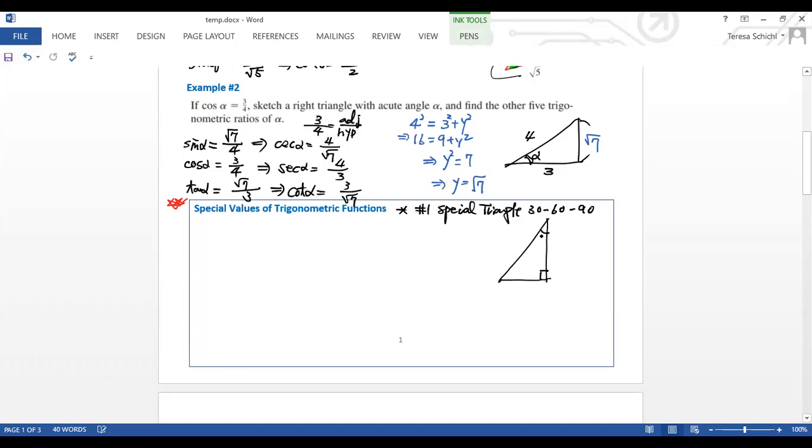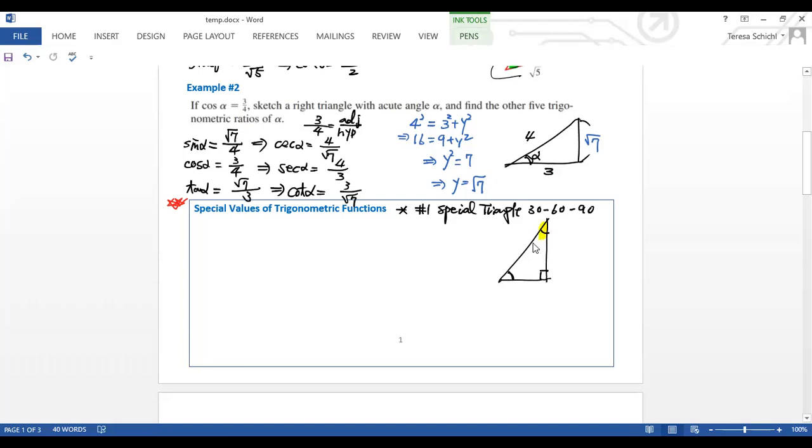For these angles here, this is 30 degrees, and this angle here is 60 degrees. Let me try to write it inside instead of getting confused.